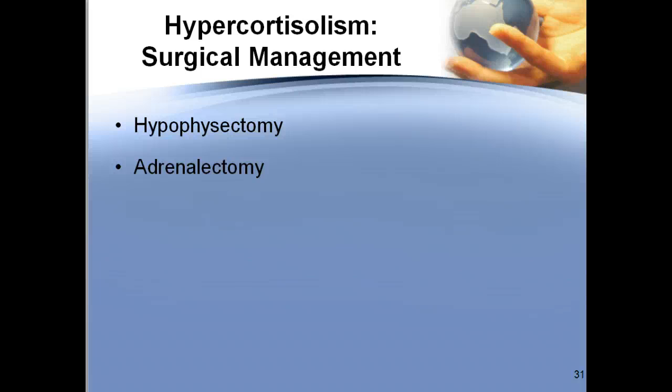We already talked about the post-op management for these patients. And afterwards, if a patient does need an adrenalectomy, that means they're going to need lifetime replacement of glucocorticoid and mineralocorticoid after surgery.